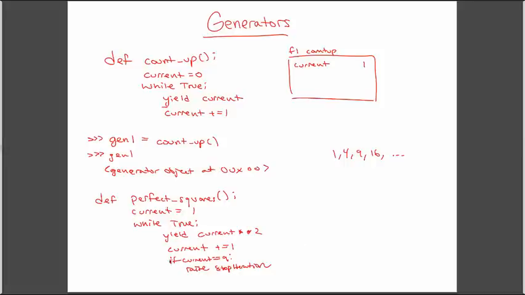Another way to do this is I could just put a return in here. So instead of having raise StopIteration, I could have had a return. Or instead of having while true, I could do something like while current is less than or equal to 10. Once this is no longer true, it's not going to re-hit this yield statement.